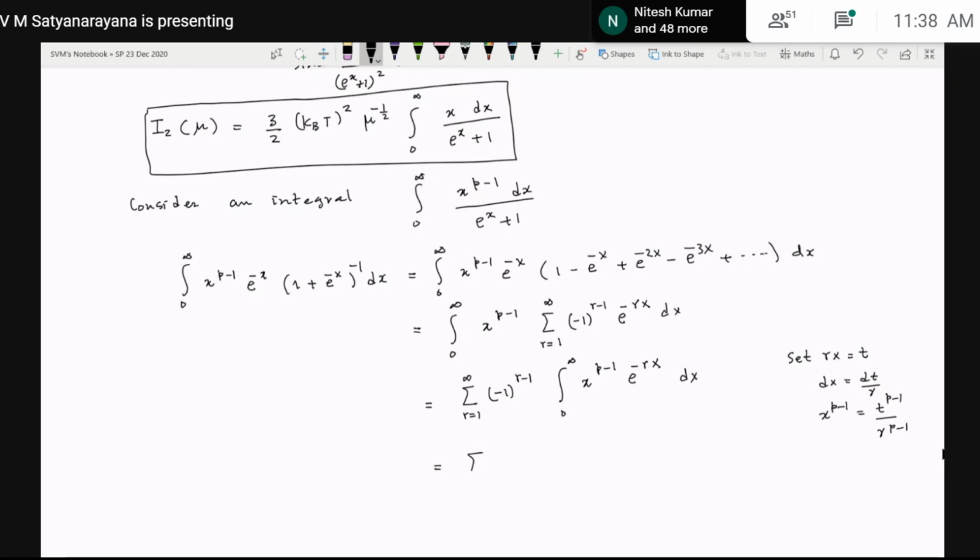So this is equal to the sum over r equal to 1 to infinity of minus 1 to the power r minus 1 divided by r to the power p, and the integral from 0 to infinity of t to the power p minus 1 into e to the minus t dt. And this by definition is gamma of p. So I have the sum over r equal to 1 to infinity of minus 1 to the power r minus 1 into gamma of p divided by r to the power p.